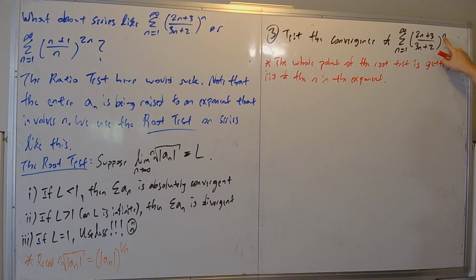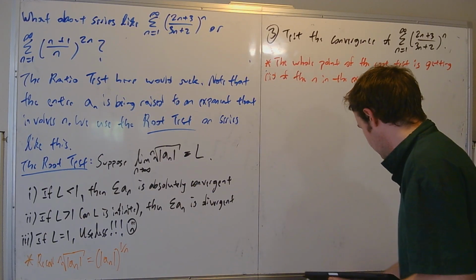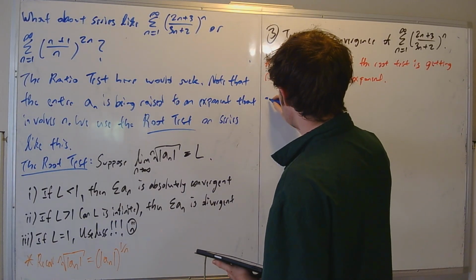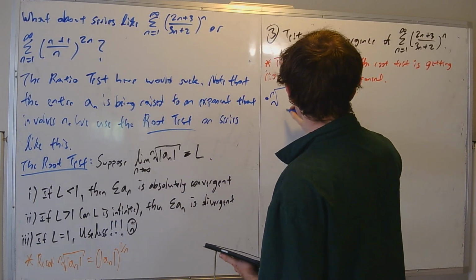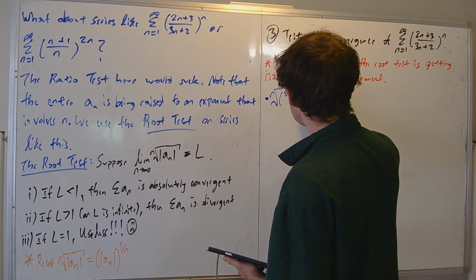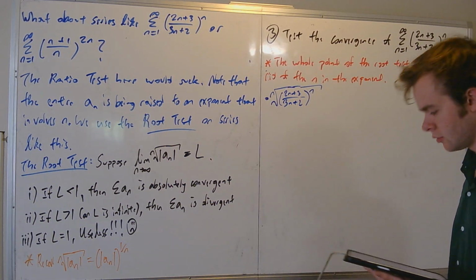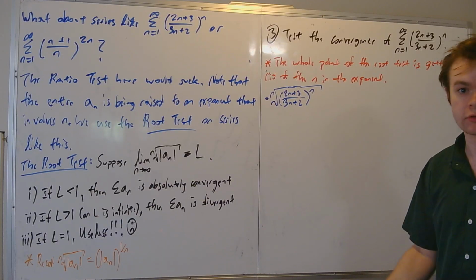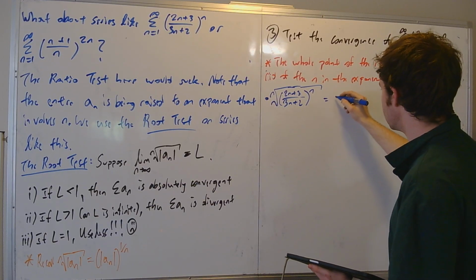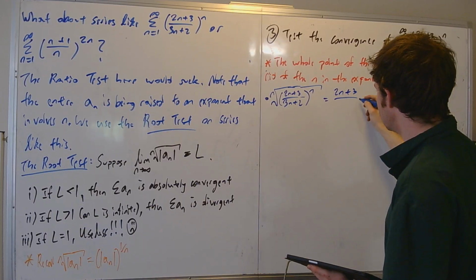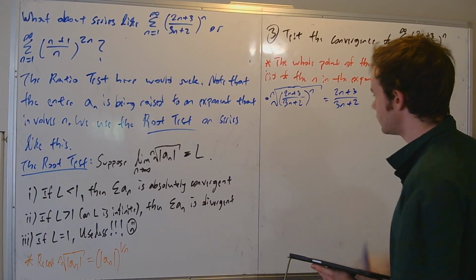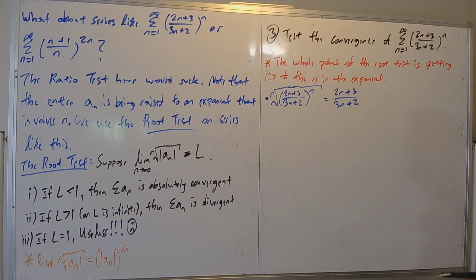So we see that this thing has got an n in the exponent, so that means we're probably going to want to use the root test. So we'll say here that the nth root of (2n plus 3 over 3n plus 2) to the power of n, well, the nth root of something to the power of n is just going to cancel out. So we're just going to get 2n plus 3 over 3n plus 2. So that's why we like the root test, because we can get rid of these weird exponents.